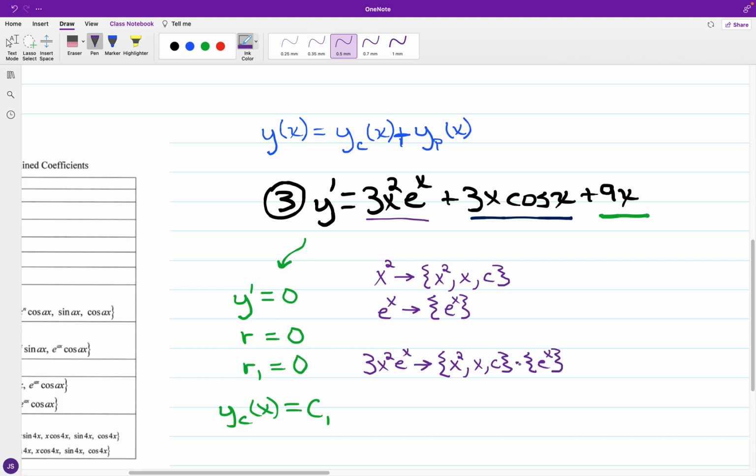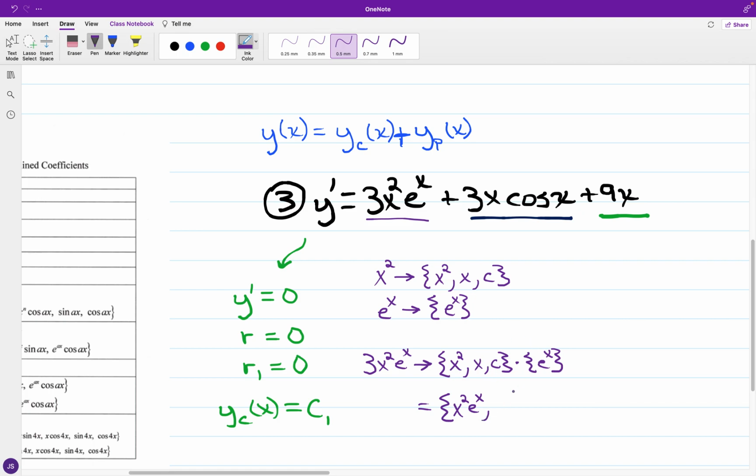If I distribute, I take all of x squared, x, and the constant and multiply by e to the x, and put it in diminutive form. So you have x squared times e to the x.